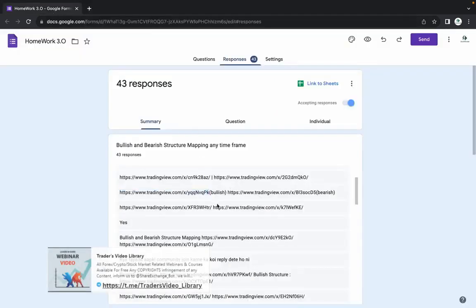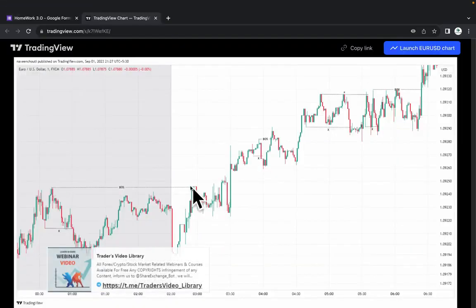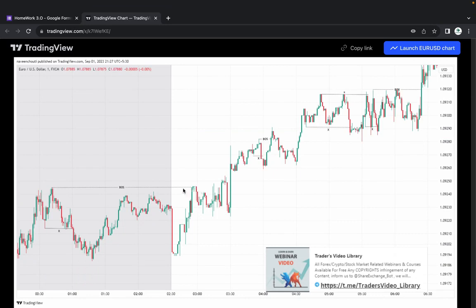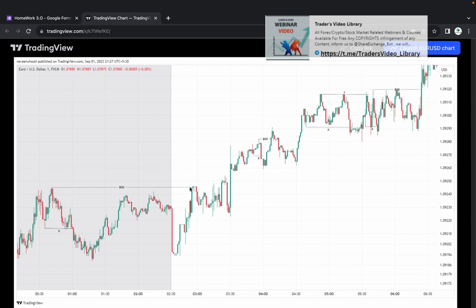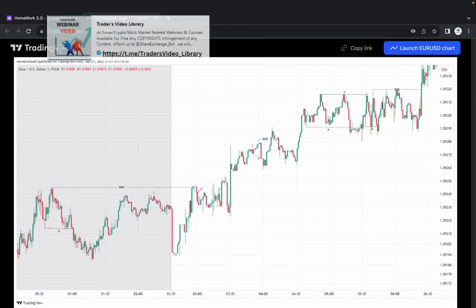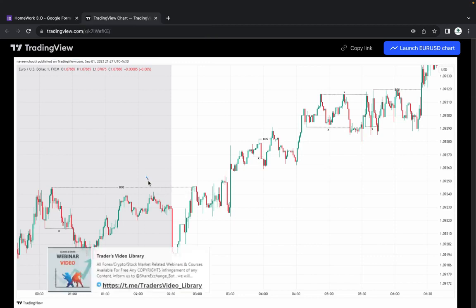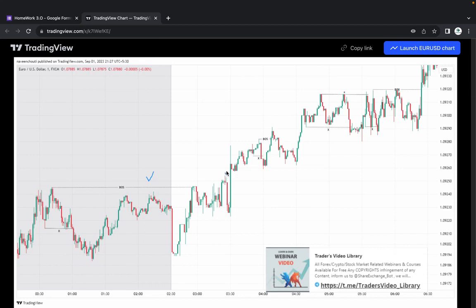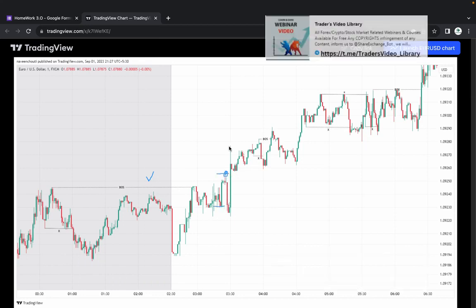Let's choose another one. Okay, this is a break of structure. After a break of structure we need inducement. So first of all you have to check here, this is a liquidity grab or break of structure. If the candle closes over it, then this becomes our valid break of structure. The market needs inducement, which is grabbed here like this, creating another break of structure.